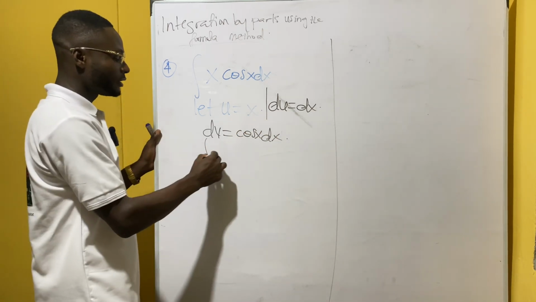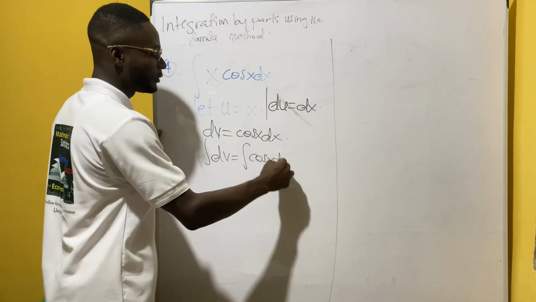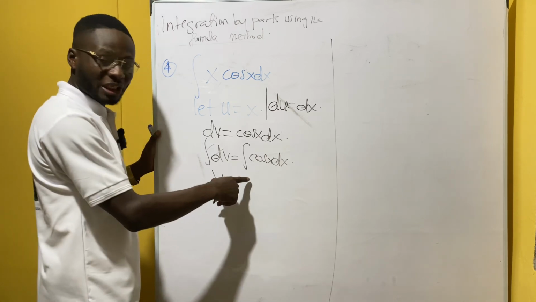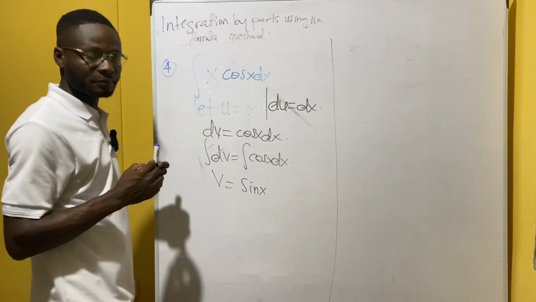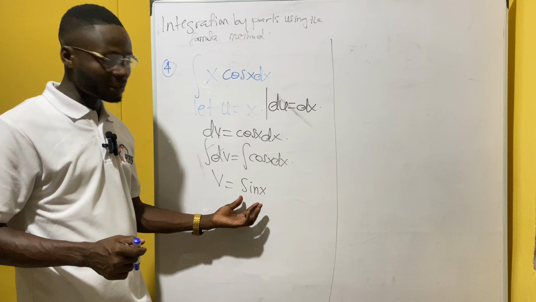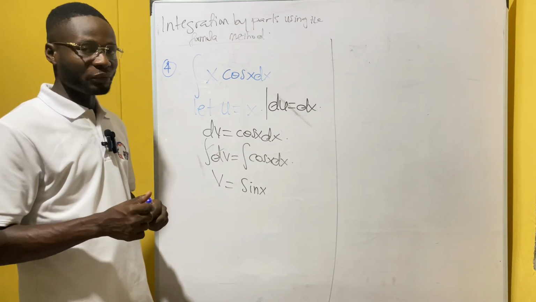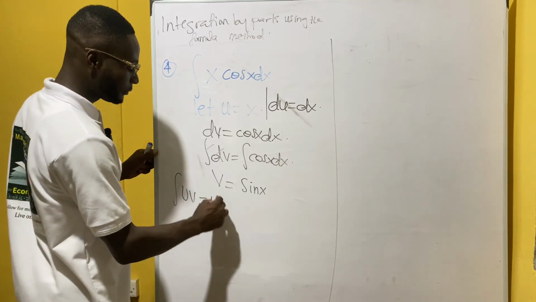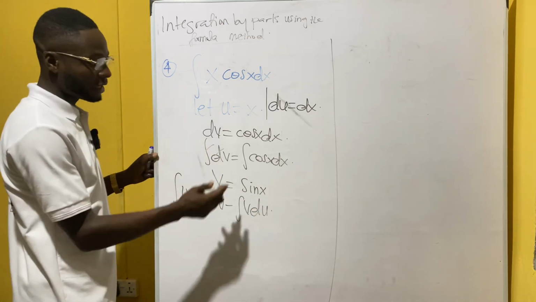So now we integrate both sides, and when you integrate both sides, then v will be equal to, when you integrate cos, you are going to have sine x right here. So this right here, we have all the parameters. So what we do next is that we just substitute them into the formula, and then we are good to go. So right here, we know that uv minus the integral of v du, and we have all the parameters.